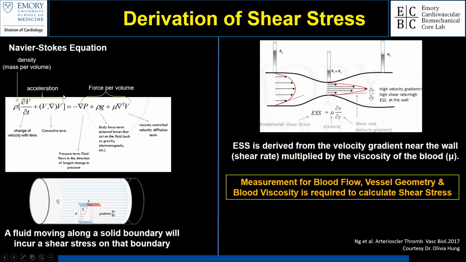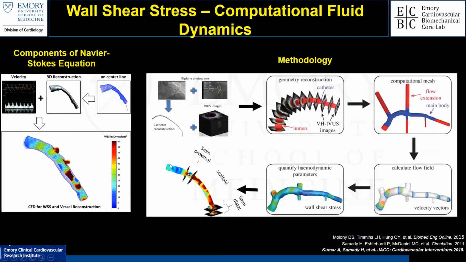So wall shear stress is derived from the Navier-Stokes equation, which is essentially Newton's second law, which defines force as equal to mass multiplied by acceleration. So to derive shear stress, we need measurements of blood flow, vessel geometry, and blood viscosity.